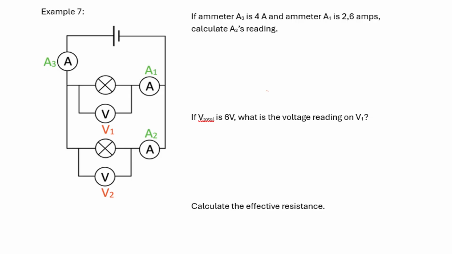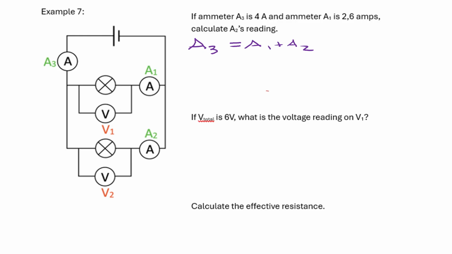Remember we said that A3 is the series portion. Okay, so A3 is the series, so that's going to be our total. And we know that A1 and A2 must equal A3 because they're the ones in parallel. So this is what we're going to work with when they ask us to talk about the ammeter readings.